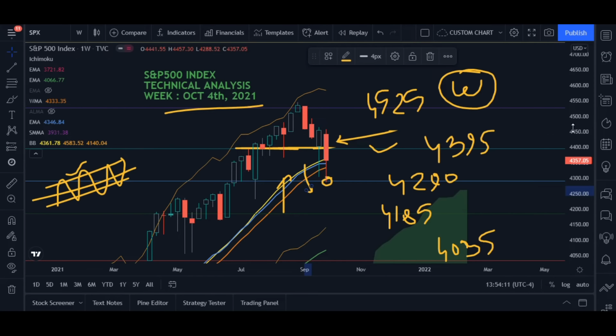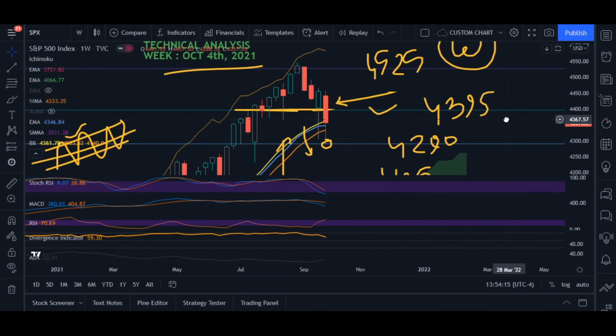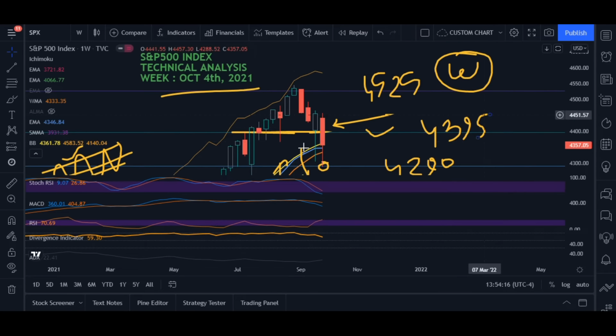And if we talk about some other technical indicators here, remember this is the weekly chart. These are the weekly candles. So other technical indicators, we have the stock RSI.